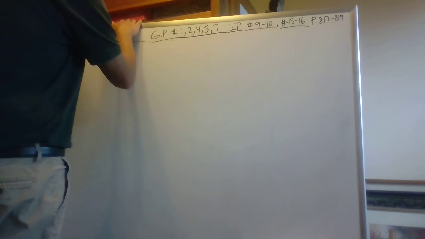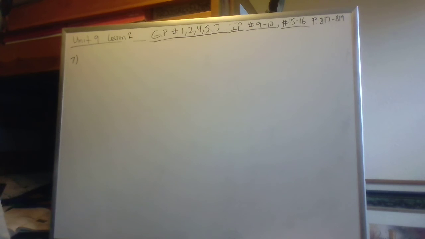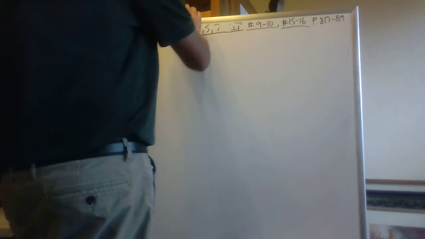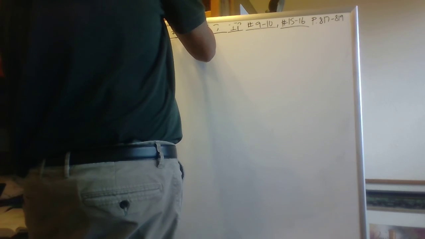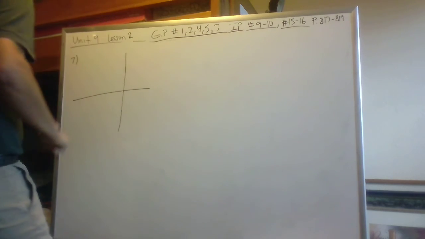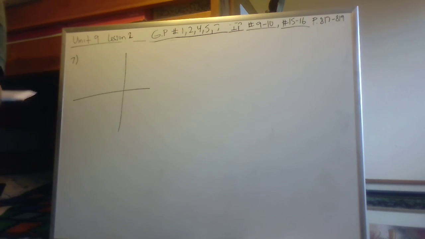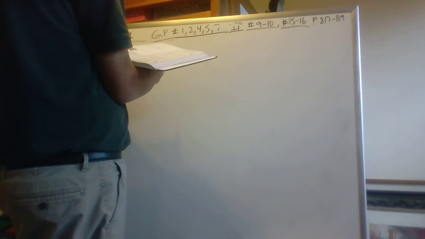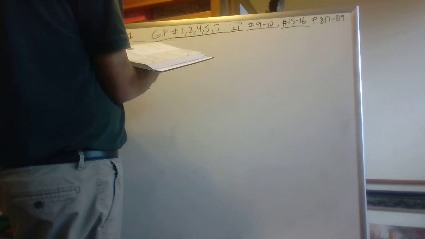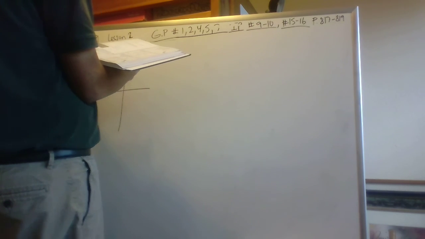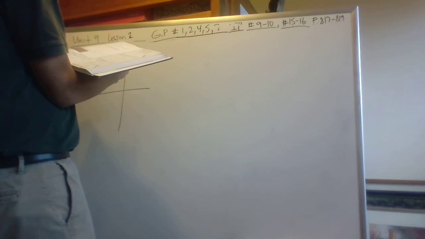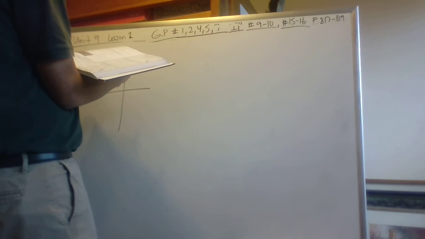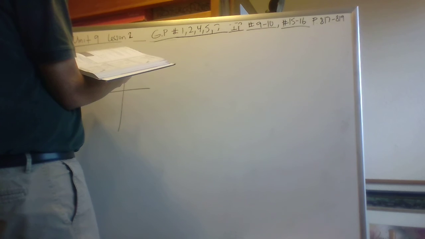So number 7 has a quadrilateral, and the quadrilateral has a side like this, and we have side J that is, or point J, that is -7 and 1.